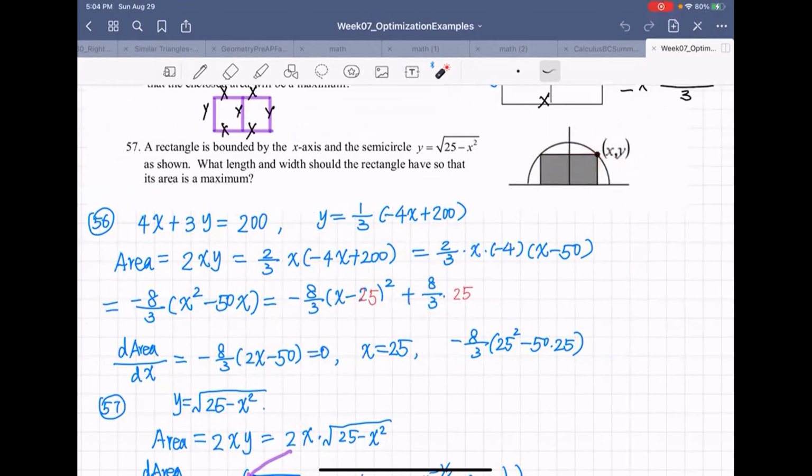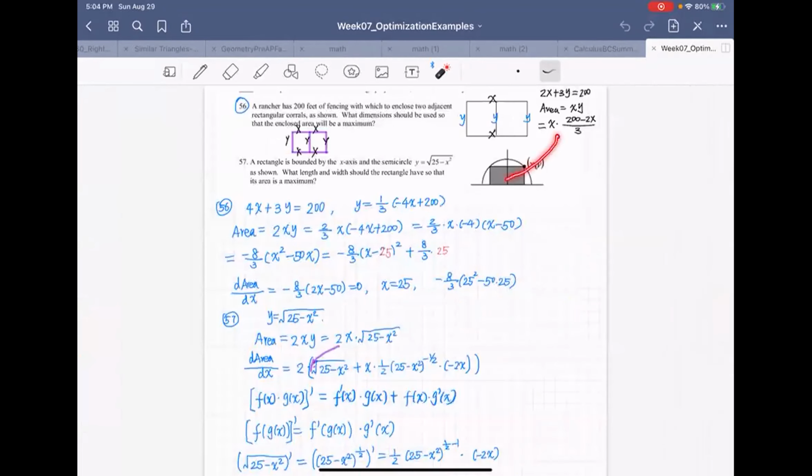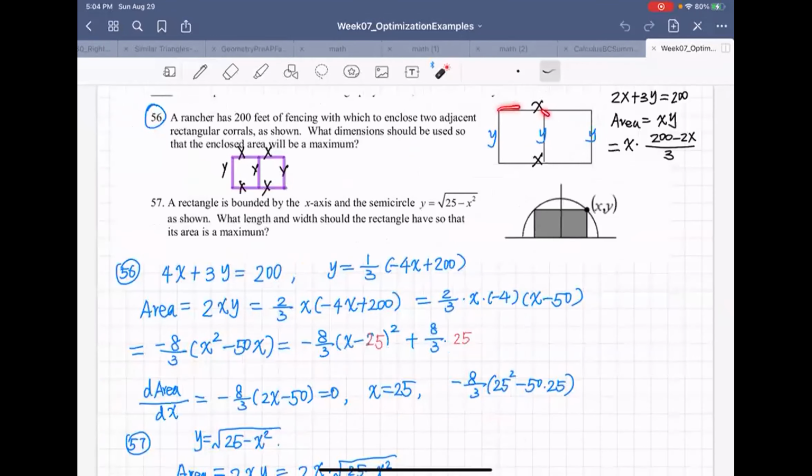So what we did, we read the restriction by doing some simple work like this, and then we express the area. For example, this area is x times y.